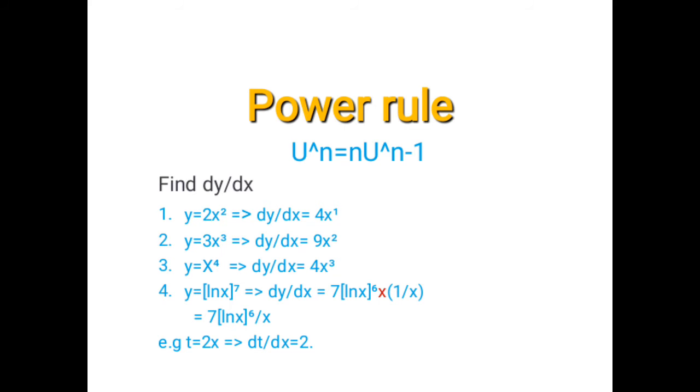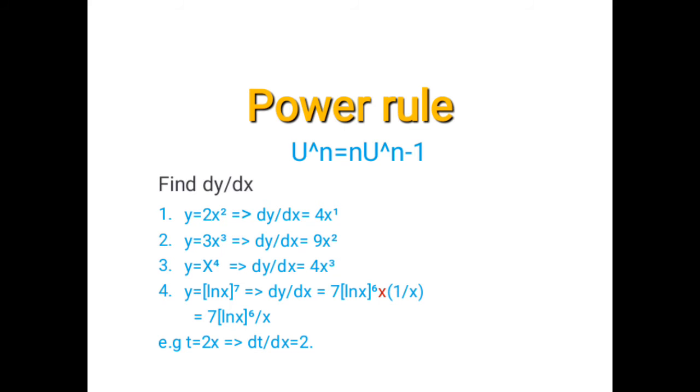Okay, with this we have y equals ln x to the power 7. dy on dx will be equal to 7 ln x to the power 6 times differentiating what is inside, which is ln x, we have 1 over x, and our final answer will be equal to 7 ln x to the 6 over x.